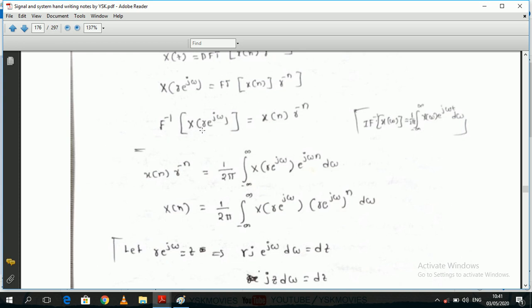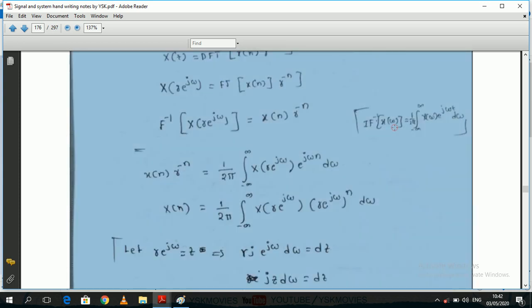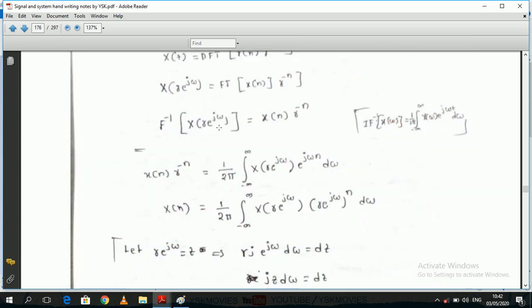So finally, what is the formula for the inverse Fourier transform? See the right side. This is the inverse Fourier transform of X of omega. It is also in the form of X of omega, right? So that it is also the omega domain.